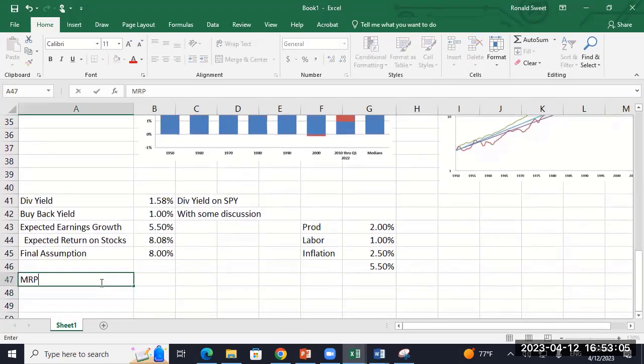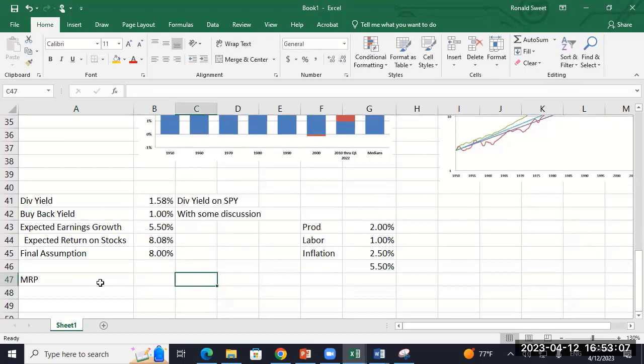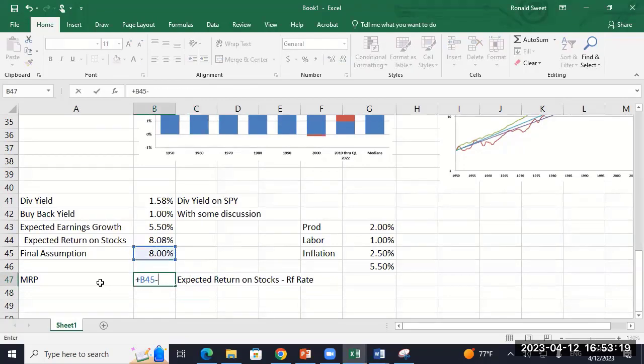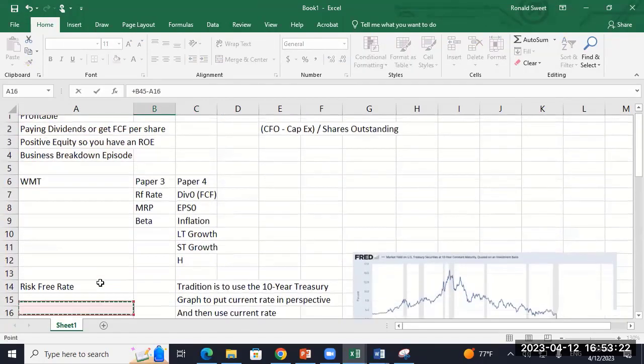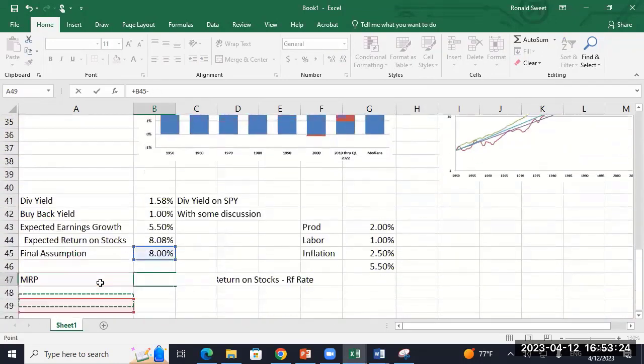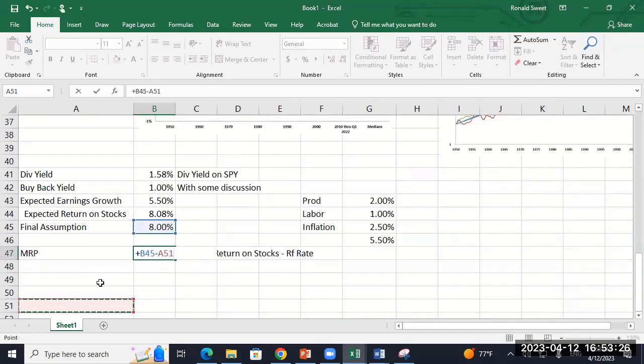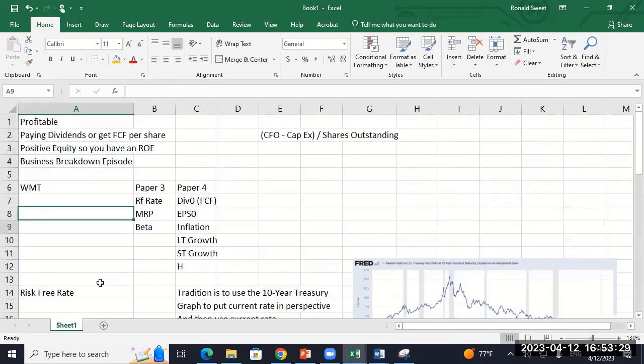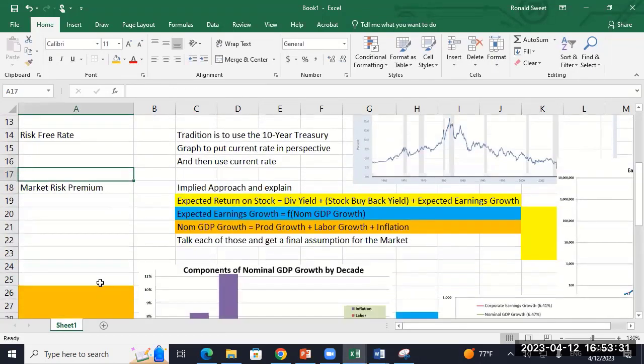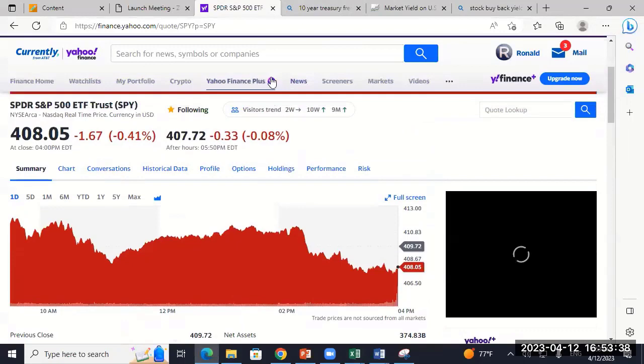And so my market risk premium is going to be what? It's going to be expected, my word, expected return on stocks minus the risk-free rate. So 8% minus, where is my 10-year treasury? Oh, I never gave us the 10-year treasury. Current yield, rates were down today, but not much.